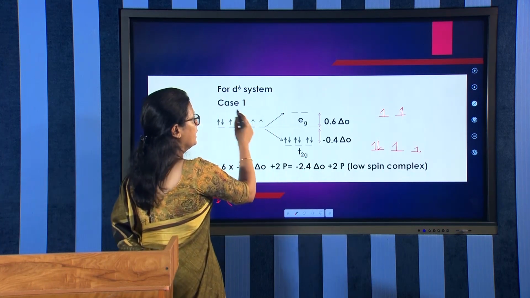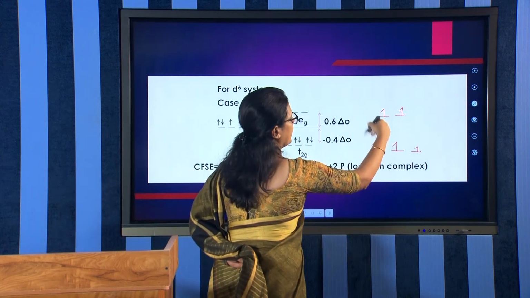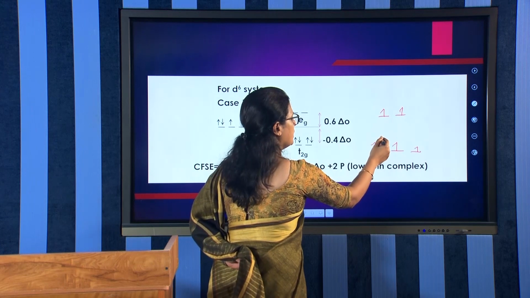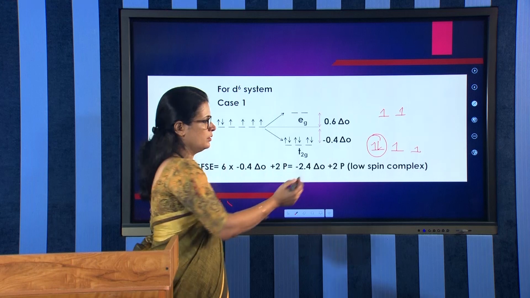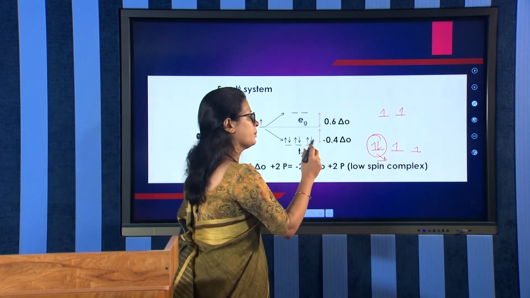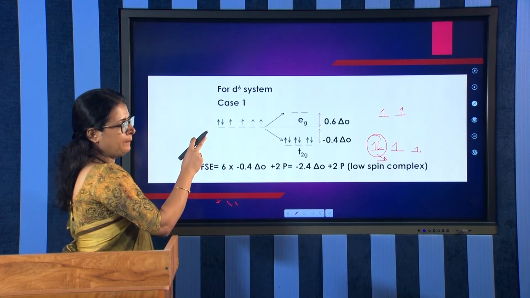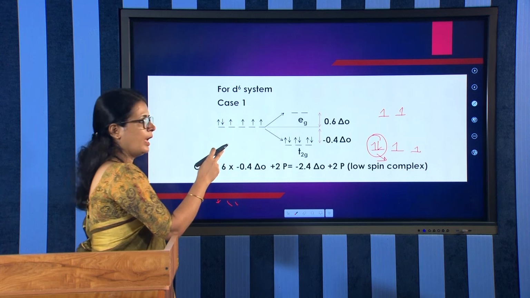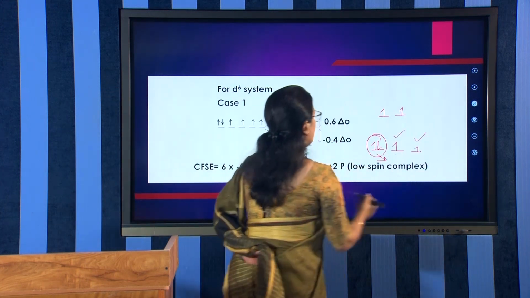If this is the first case, in the second case the arrangement will be like this, and in that arrangement itself there is a pairing in the first orbital of the T2g set. So already a paired structure is there, and now we are forcefully pairing only these 2 in this case.